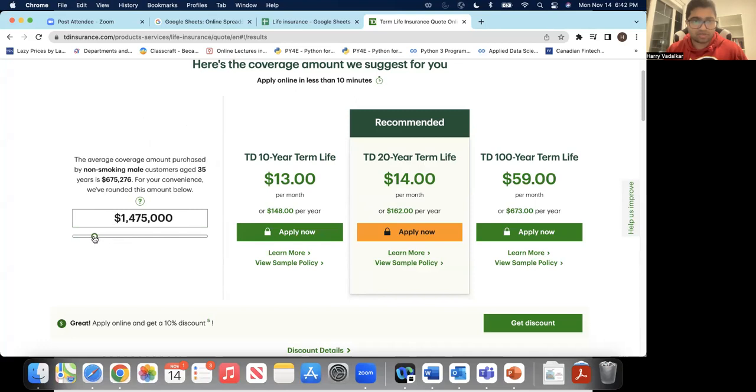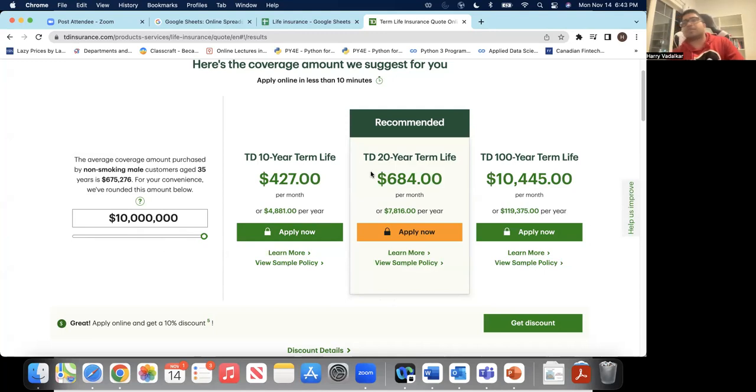If you change it to, let's say, 500,000, okay, $47. If you change it to 10 million, it is $684. So as the insurance policy amount goes up, the sum assured goes up, so does the premium.